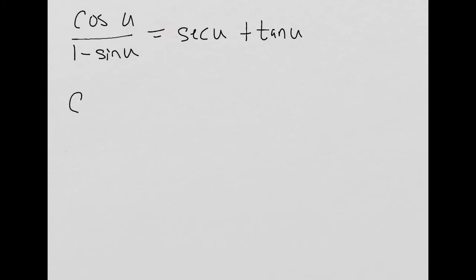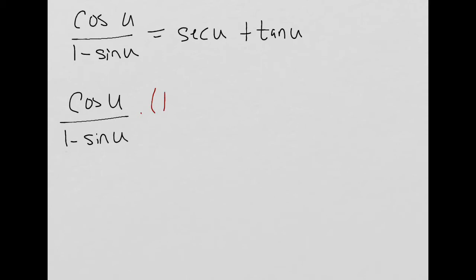So if I start with just cosine of u over 1 minus sine of u, I'd like to get some terms in here with either sine squared or cosine squared. The reason for that is that a lot of my identities have sine squared and cosine squared in them. So I look at the denominator and I see, well, I've got a 1 minus sine. I could multiply that by its conjugate, 1 plus sine of u, and see what happens.